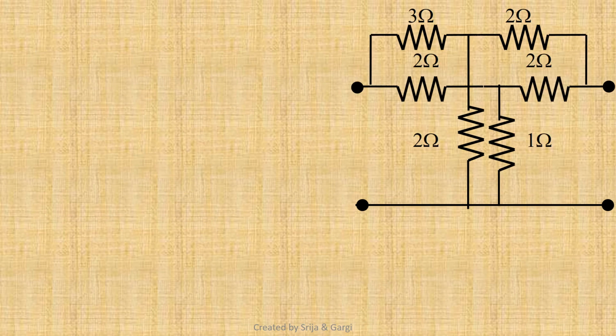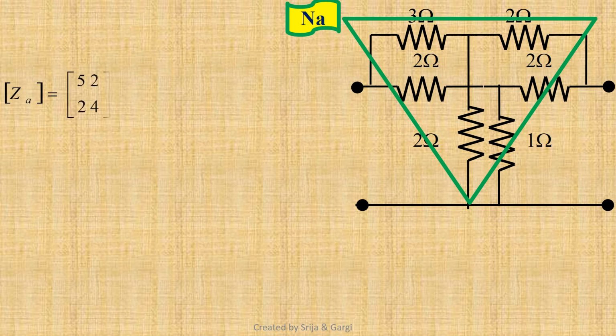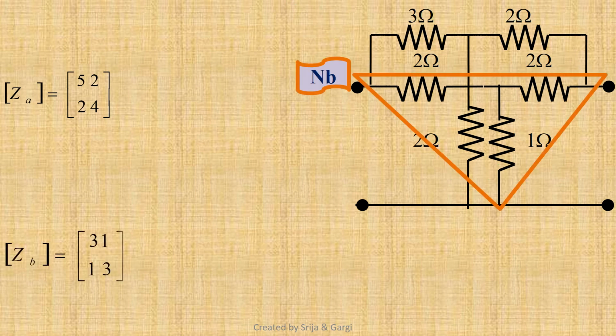So now we have matrix of ZA equals matrix of 5, 2, 2, 4, and matrix of ZB equals matrix of 3, 1, 1, 3.